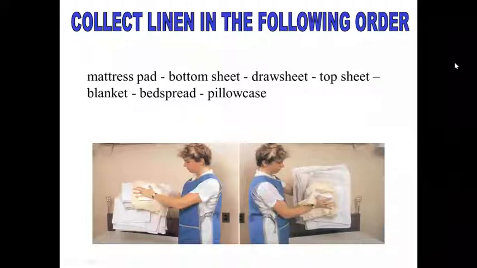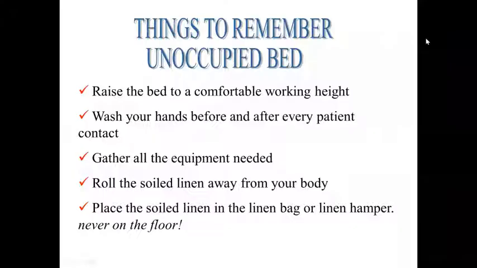Collect linen in the following order: mattress pad, bottom sheet, draw sheet, top sheet, blanket, bedspread, and pillowcase. When dealing with an unoccupied bed, raise the bed to a comfortable working height.